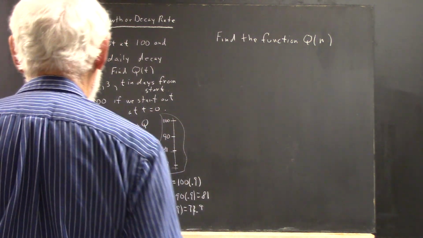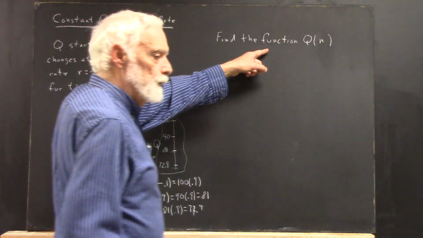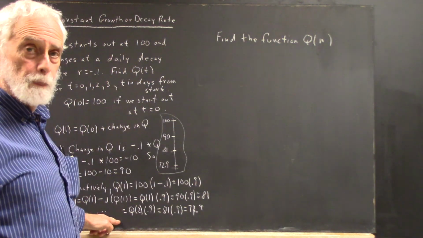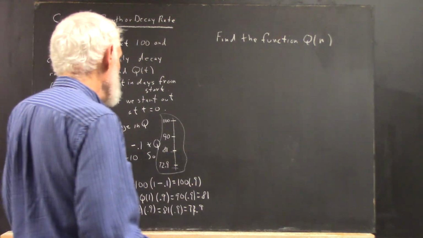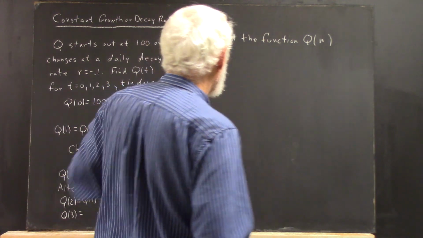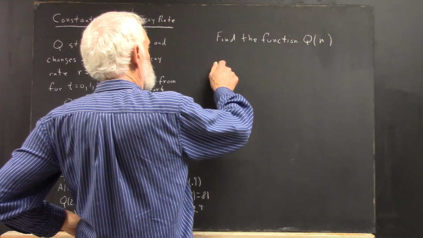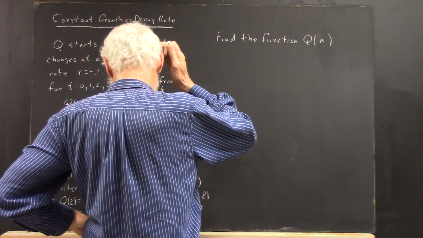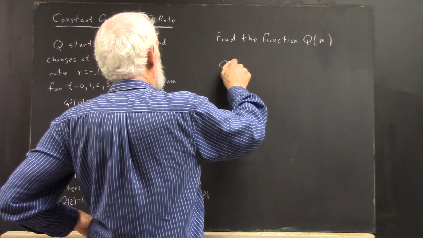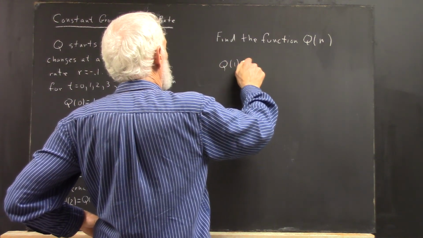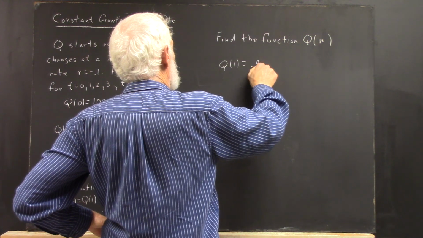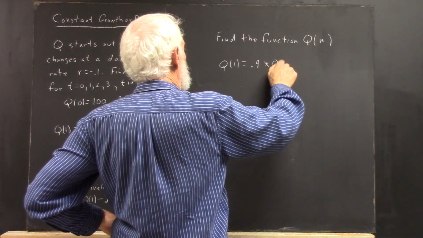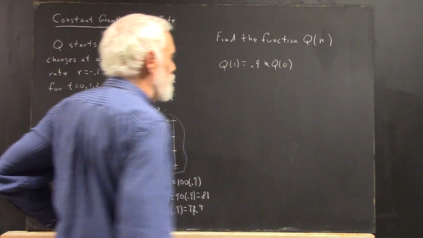Okay, so by the time you see this, you will have worked a couple of problems of this nature that lead you up to what I'm talking about here. Q of 1 equals, we'll write it out this way, 0.9 times Q of 0.